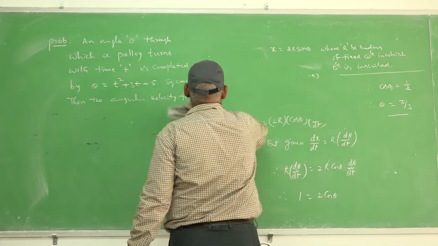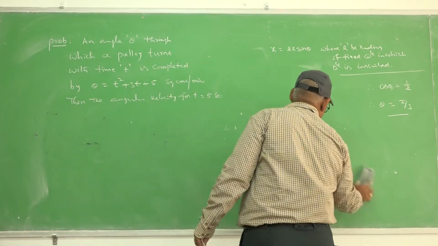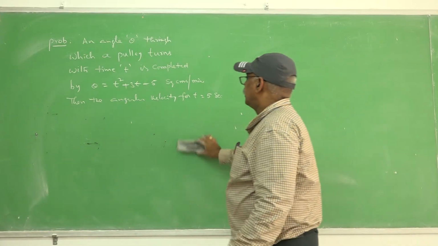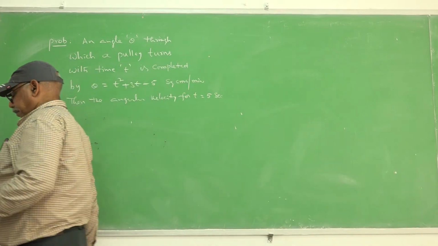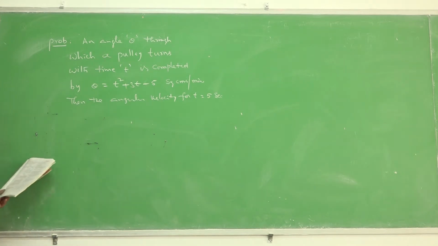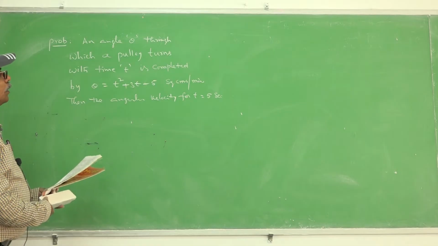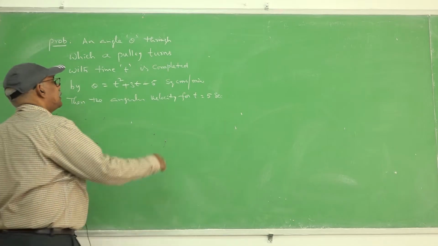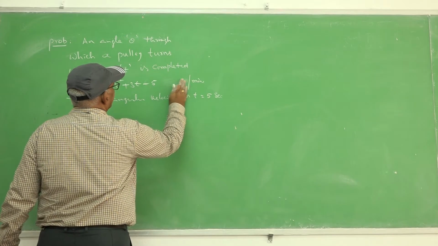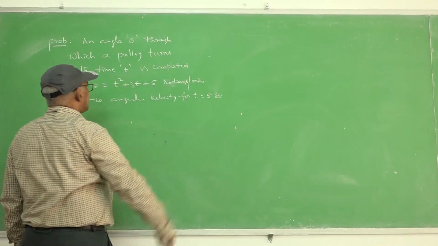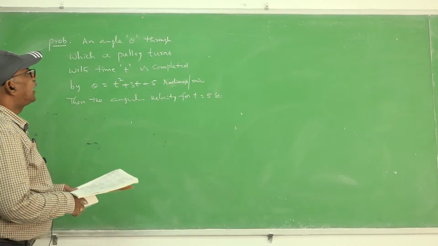It is given in meters, whereas we have to find angular velocity for t equal to 5 seconds. I thought that this is not square centimeters, this is radians per minute.